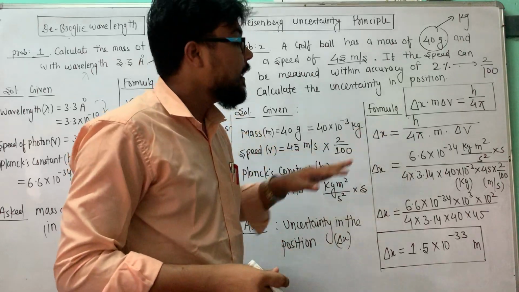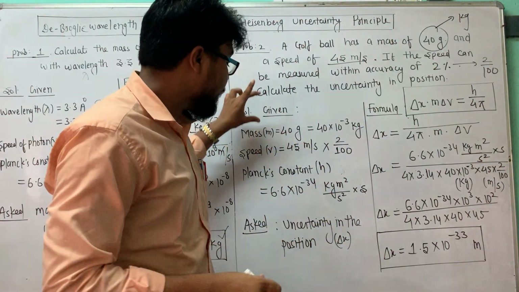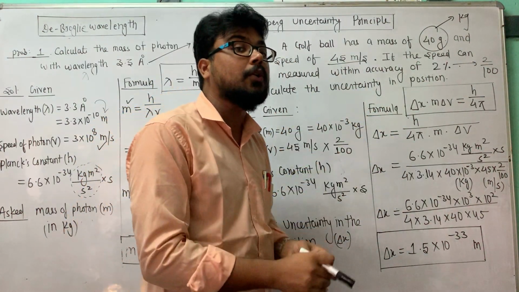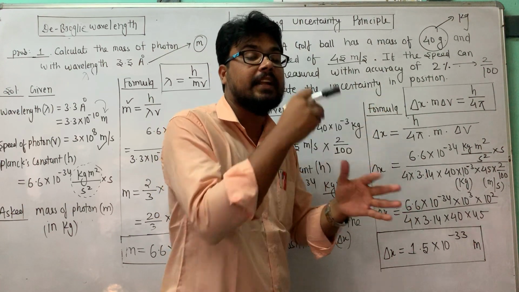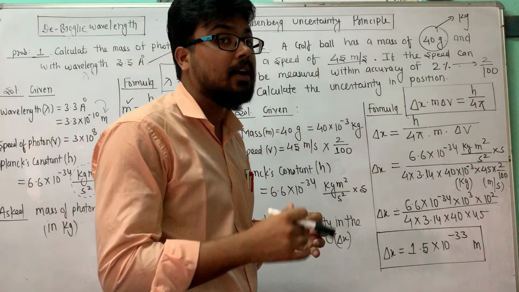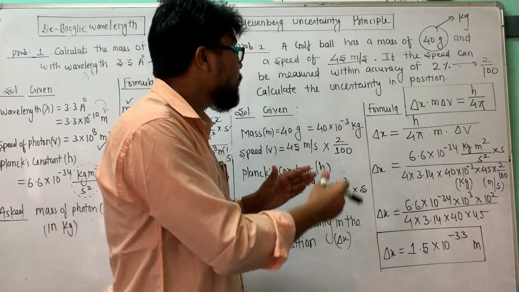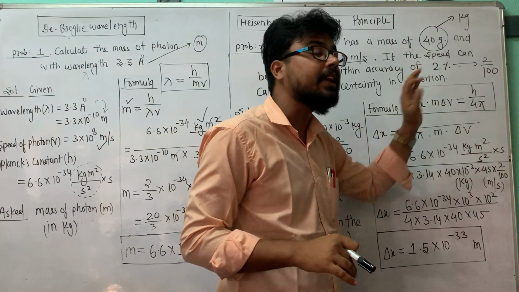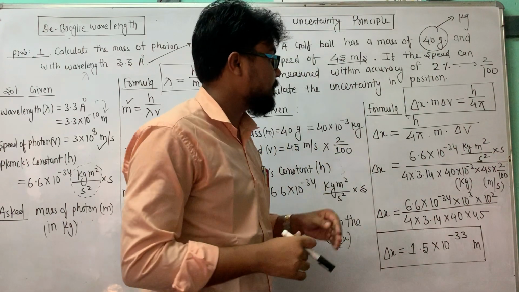Next step is formula. If you do your numerical portion in the manner of given, asked and formula, you are eligible to earn step marking, rather than directly mentioning the answer. The formula is delta x × m delta v ≥ h upon 4 pi. This is the Heisenberg uncertainty principle.